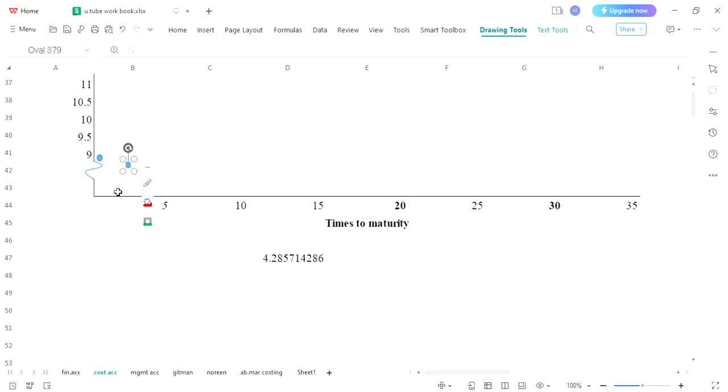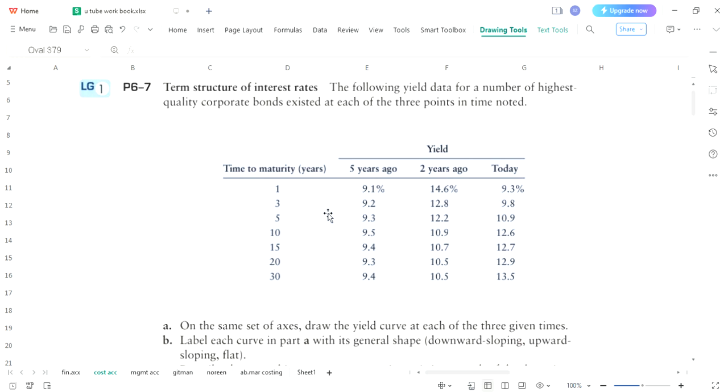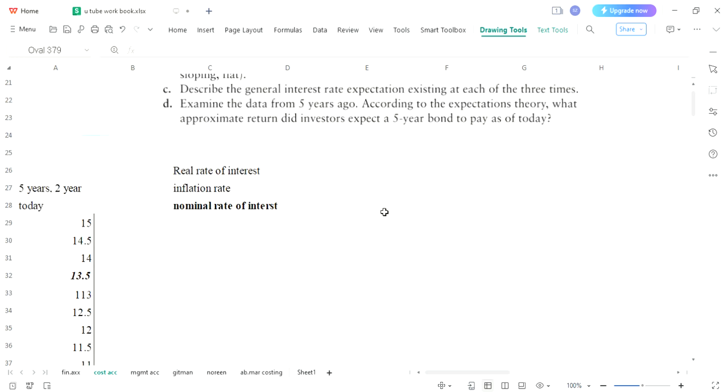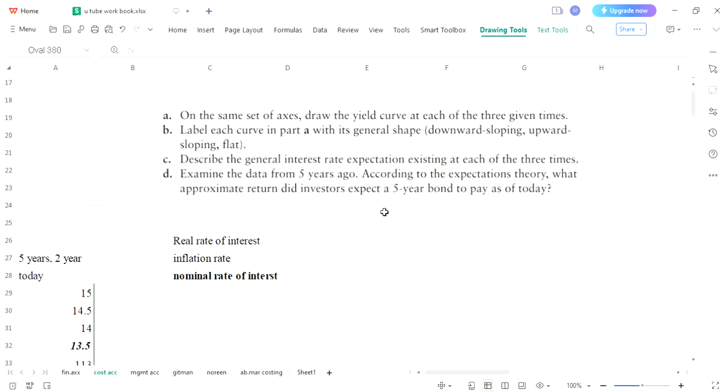Look, between 0 to 5 we have 5 years, so 3 would be just more than half. Over here is your point, 3 years, and you need to go at 9.2. 9.2 would be a little up to 9.1. Okay, so let's go to the next point.